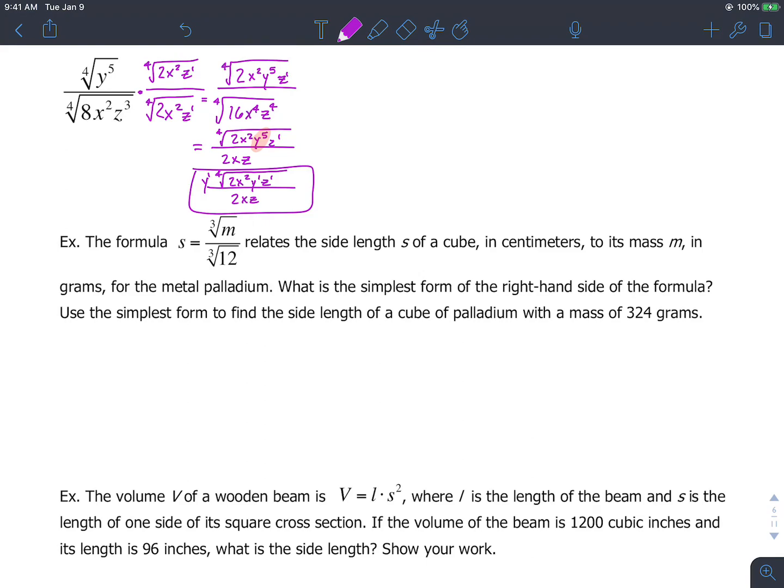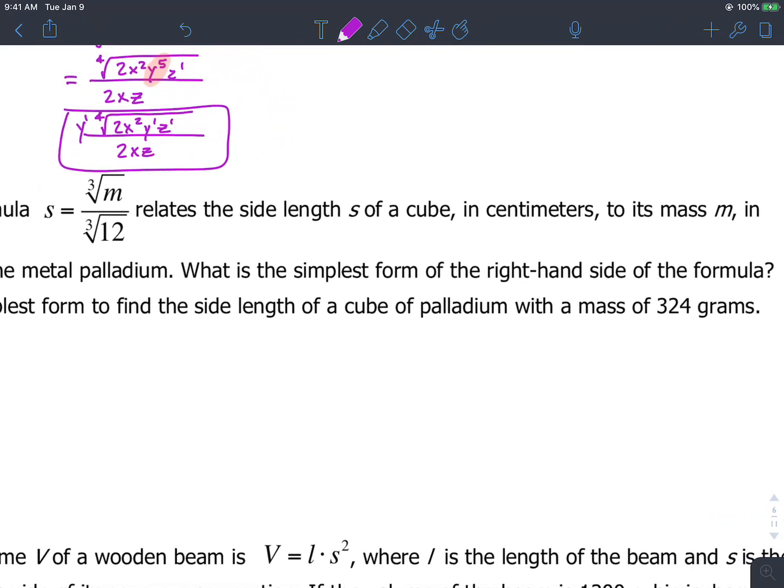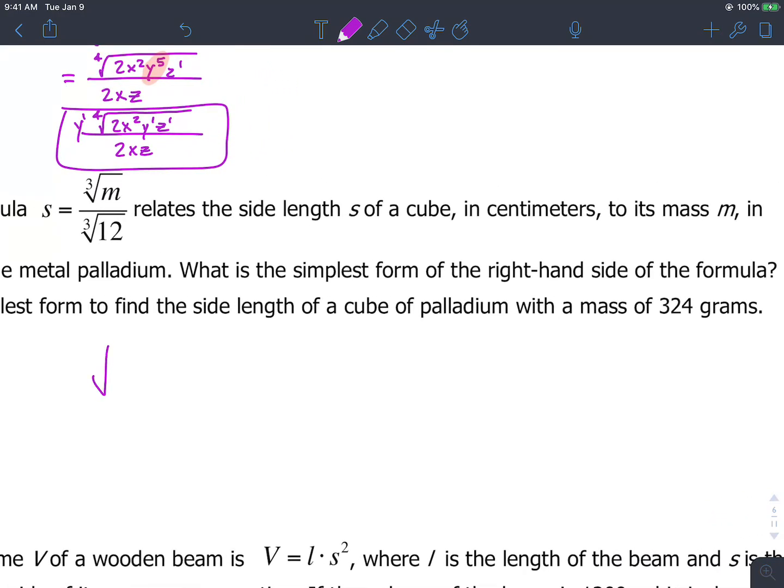Honestly, I would just go ahead and plug in right away on something like this here. So I'm going to just literally plug in 324 up there in the numerator, and then you got the cube root of 12 right there in the denominator. The reason I want to do that first is maybe I can actually divide 324 and 12. So I'm going to use my calculator here real quick on that. 324 by 12.